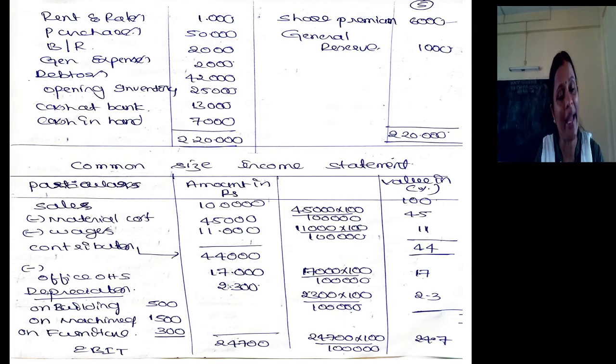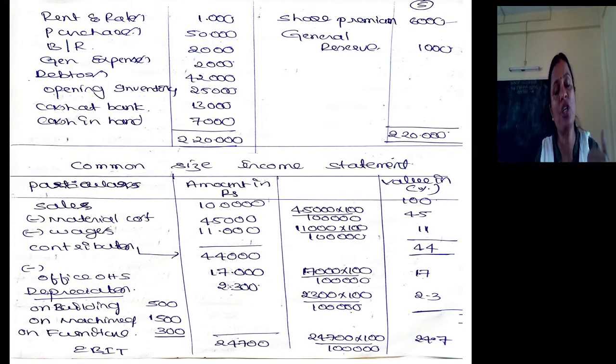So minus direct cost: material is there, wages is there, 45,000 and 11,000. Contribution is 44,000. Minus office expenses and depreciation. We need to depreciate building by 2% and the other two assets by 10%. Total depreciation is 2,300.